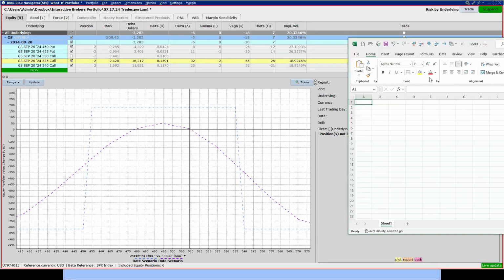Now, if we look at the cash flow from making this adjustment, basically we're buying back this spread, so that's going to be negative cash flow. We've got 200 contracts. It's going to cost us about $200, $205 to buy back that spread. And then when we sell 2 of this spread, we're going to receive money. It's going to be a credit.